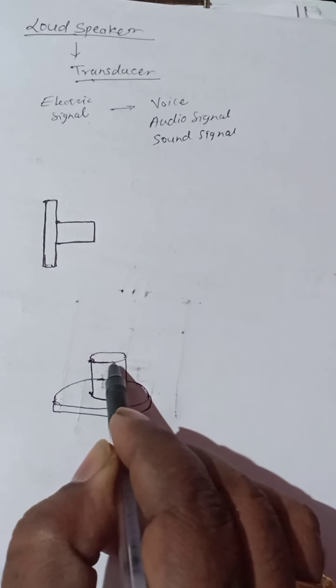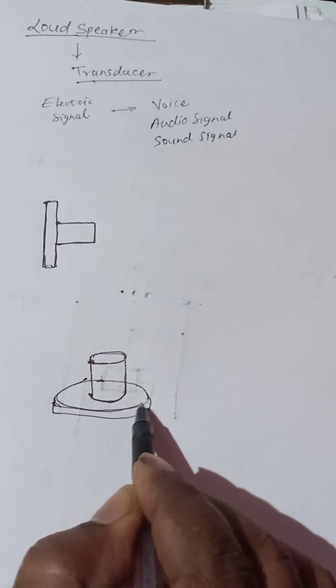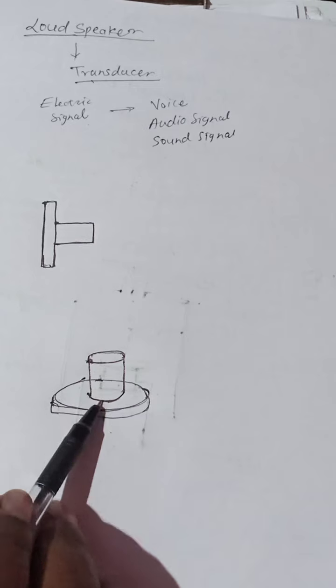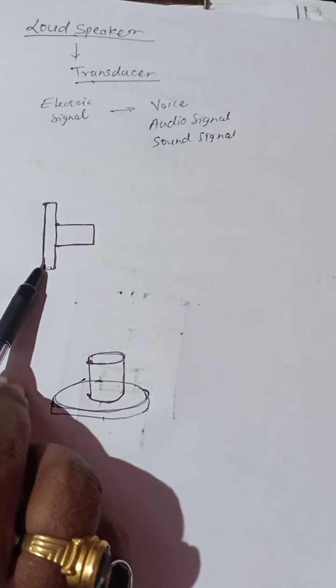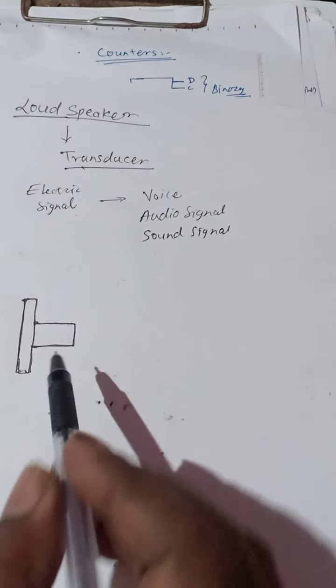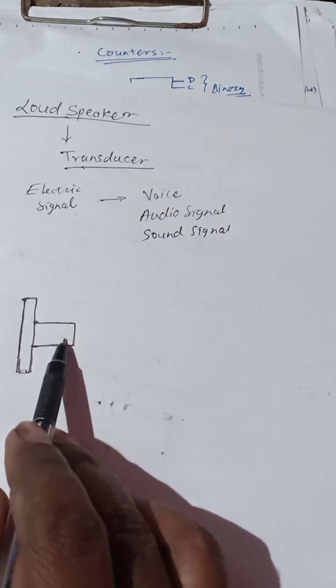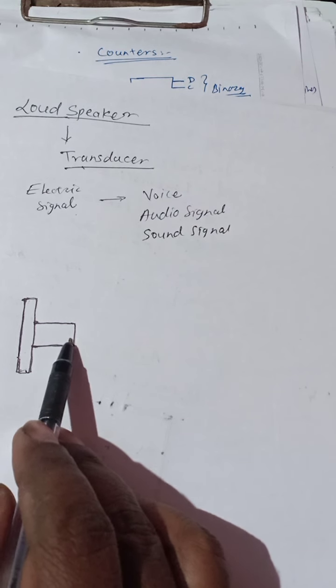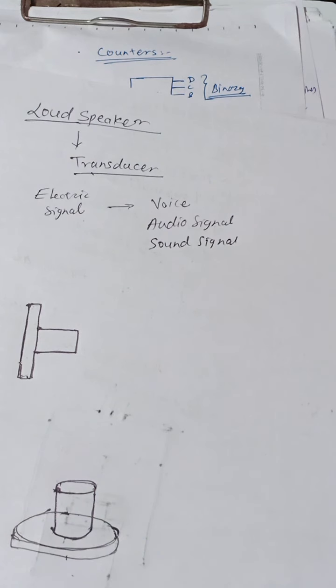This is the aluminum rod, which is placed over the non-magnetic disc. The 2D section of this structure, the non-magnetic disc and the non-magnetic rod, seems like this.